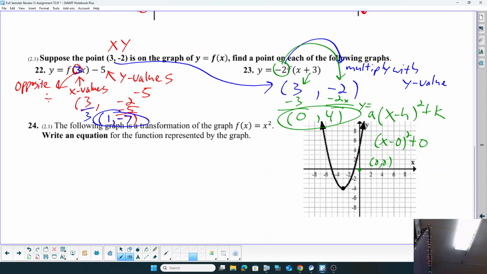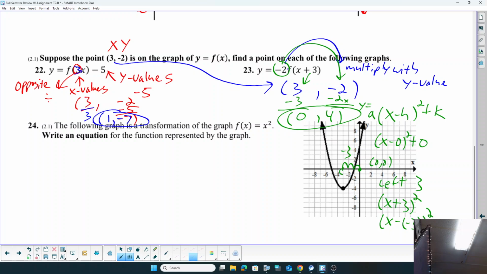Now we're going to count from 0, 0: 1, 2, 3. So minus 3, that's going to be left 3. So that's actually x plus 3, because the formula has a minus, and then we're doing a left 3.